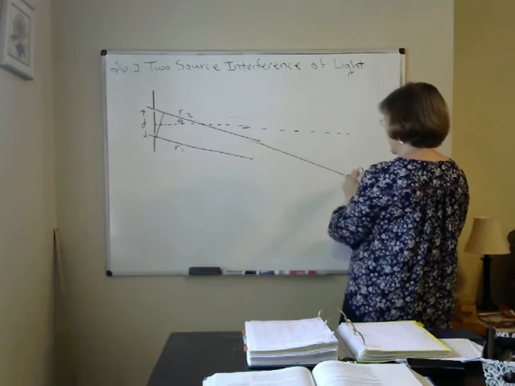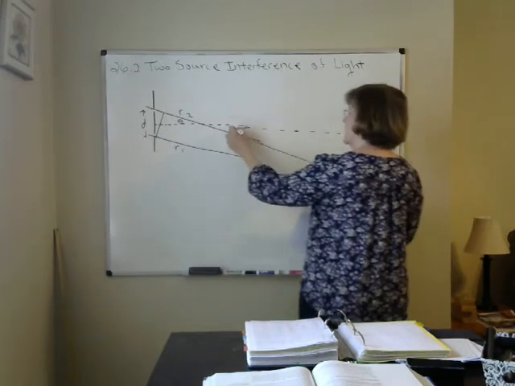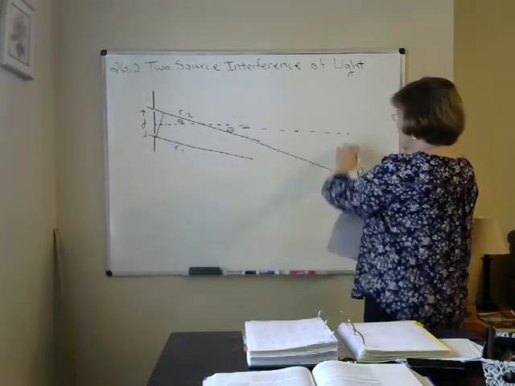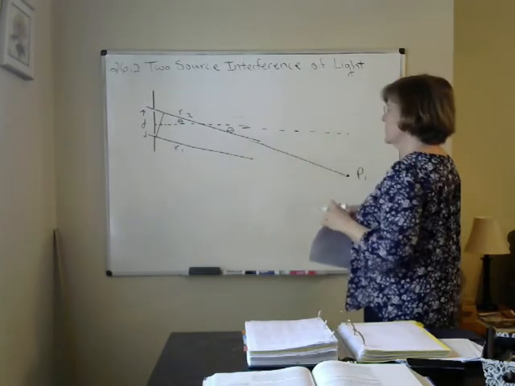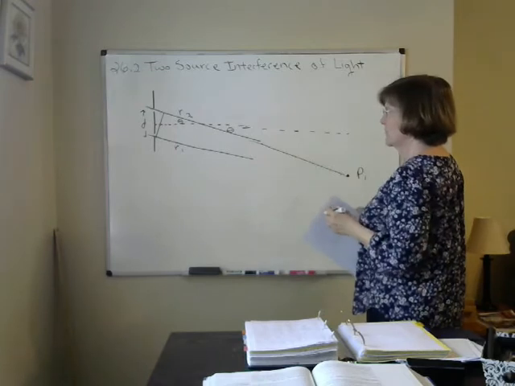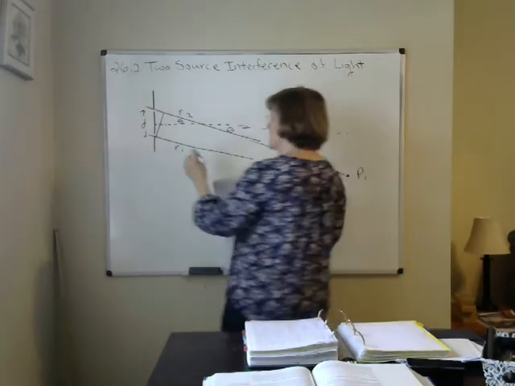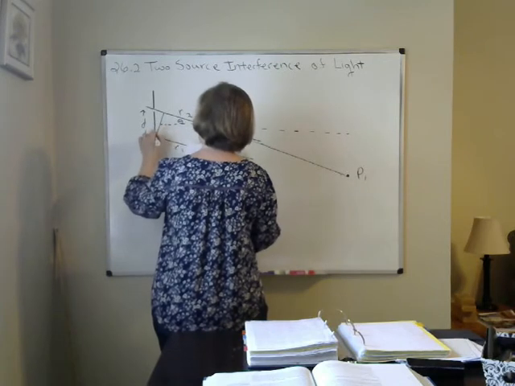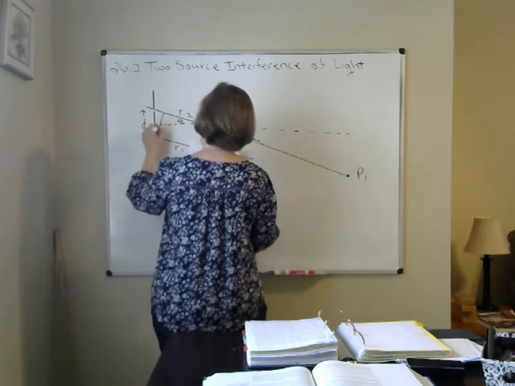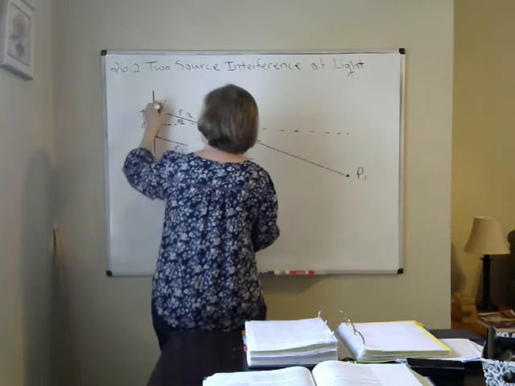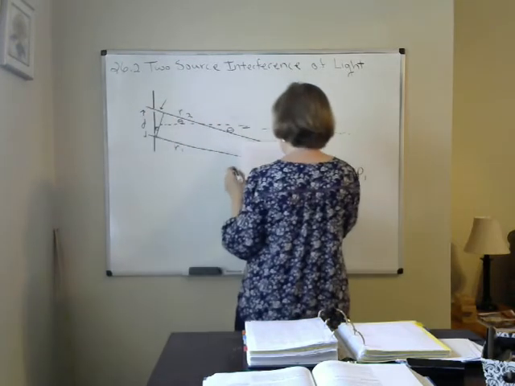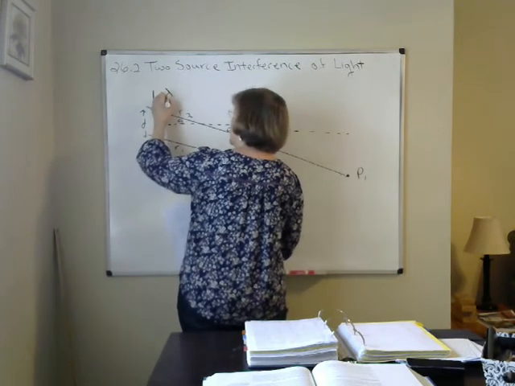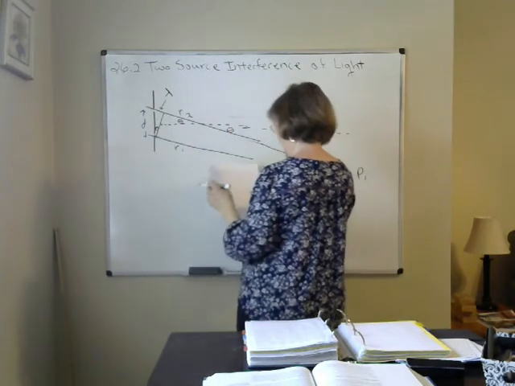Okay, that's the angle that we're interested in. This would be theta here also. How far below, or what angle does it make with being directly horizontal? Well, if I look at this as a right triangle here, this angle also would be theta, and this would be a wavelength long. It travels exactly one wavelength.